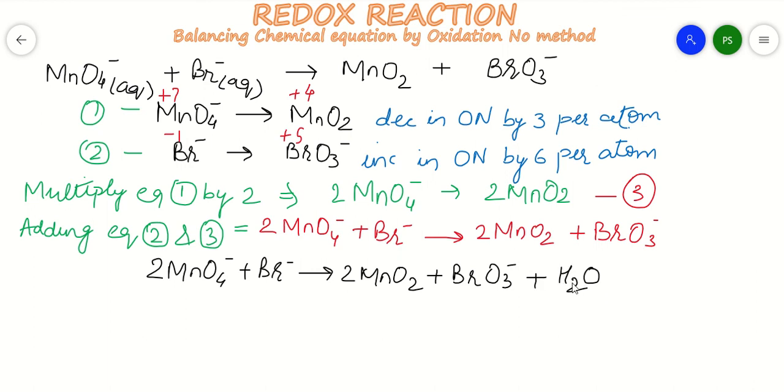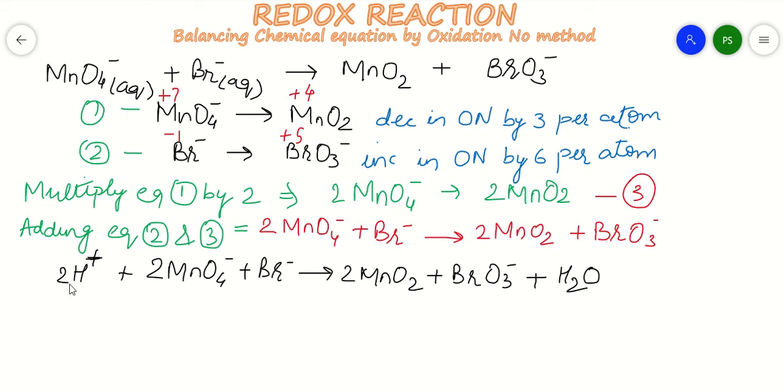Now oxygen atoms are balanced on both sides, but along with oxygen I have added 2 hydrogen atoms on the right hand side, and on the left hand side there is no hydrogen atom. So for balancing these hydrogen atoms, I will add 2 hydrogen ions on the left hand side, so that the number of hydrogen atoms will also be equal on both sides.